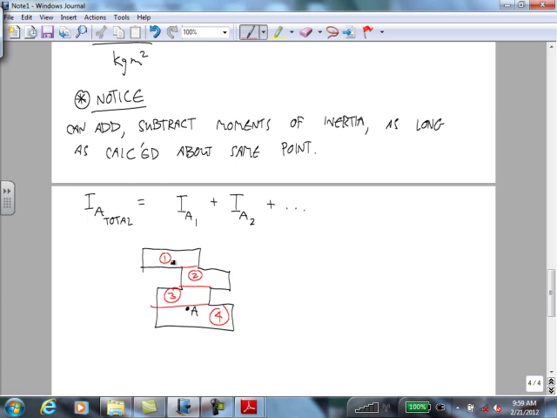We don't have a formula, like you can't look online and describe a crazy shape like this and figure out what the moment of inertia is, but it's easy to calculate for rectangles. So if you can break up any shape into a bunch of simple shapes, it's easy to calculate the total moment of inertia. Okay. Any questions about that?